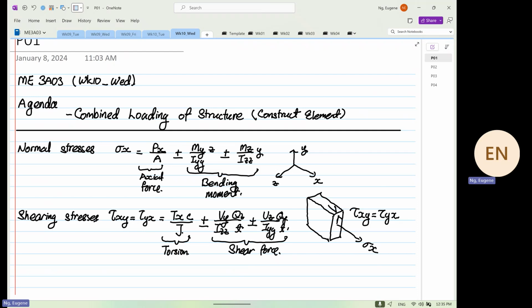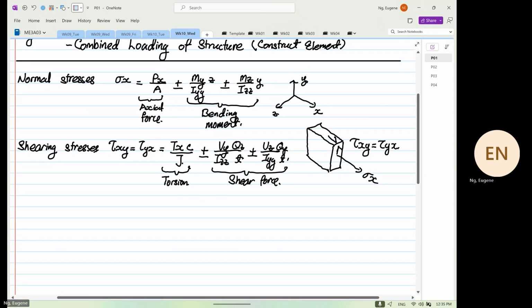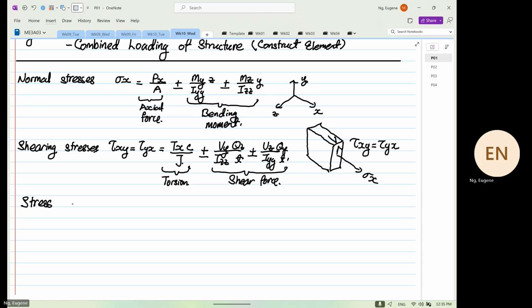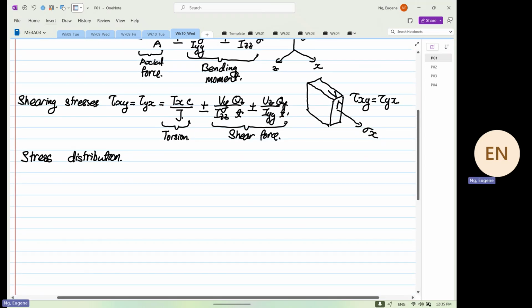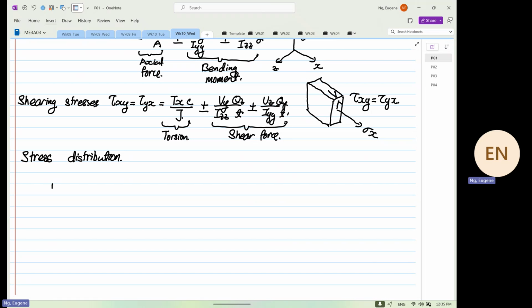Now, if we were to focus on stress distribution, okay, we are aware that if we have a structure, this is the cross-sectional view.